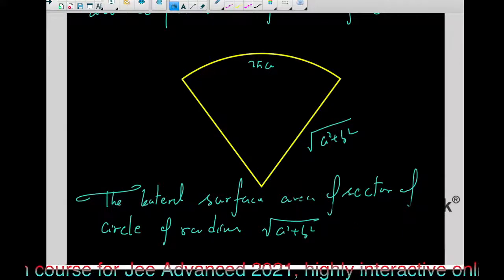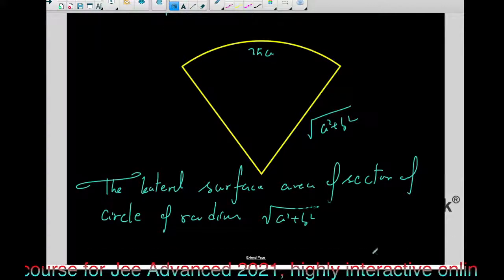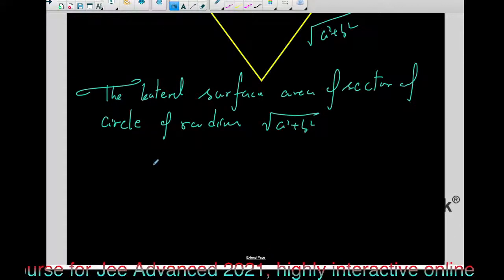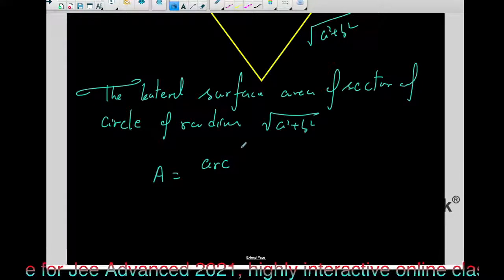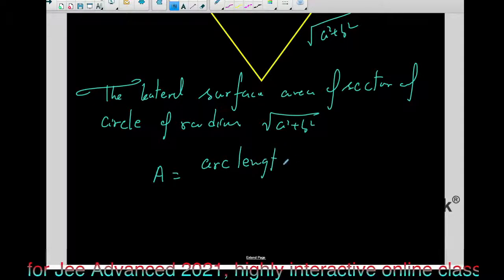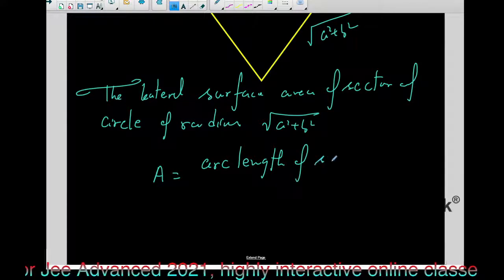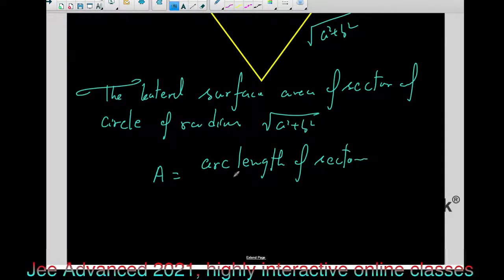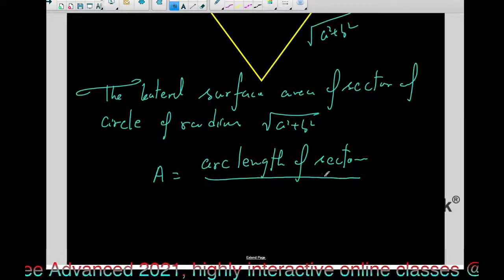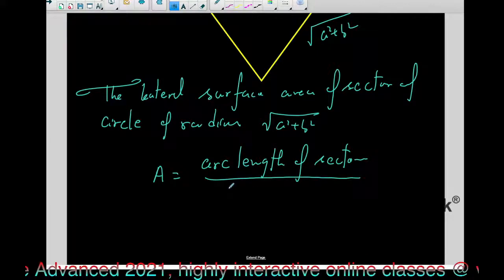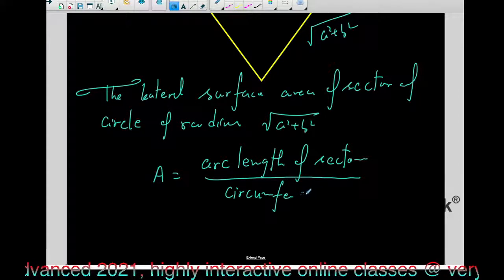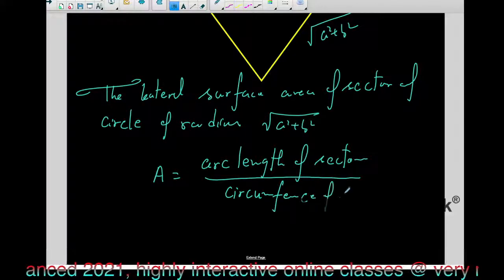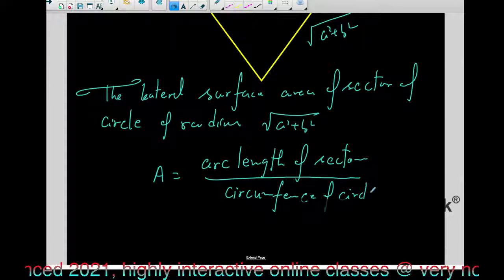What is the formula for the area of a sector? The area A is equal to the arc length of the sector upon the circumference of the circle, times the area of the circle. Here there is no need to learn this formula.